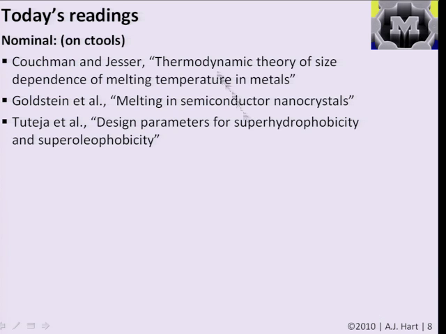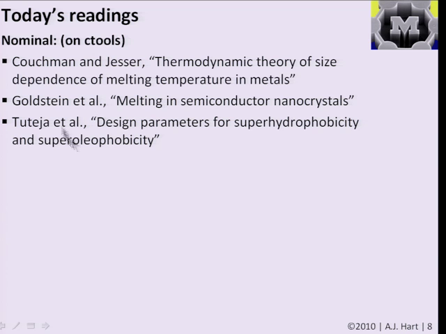And for readings, I have 3 papers up online. 2 talk about melting of nanostructures. One is quite an old paper talking about this simple theory of size dependence of melting temperature of particles. And then the Goldstein paper is a more experimental paper that has some nice observations of these effects using transmission electron microscopy.